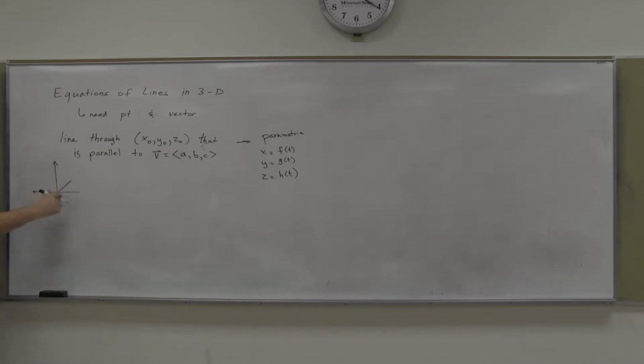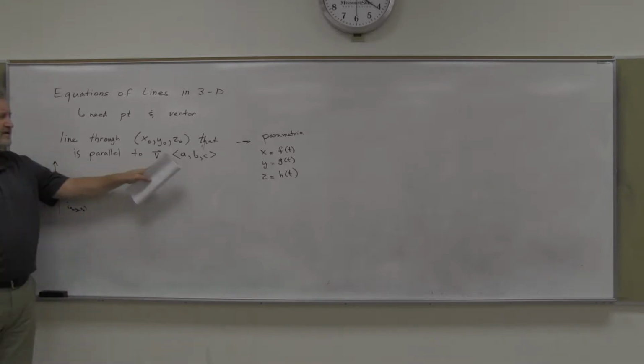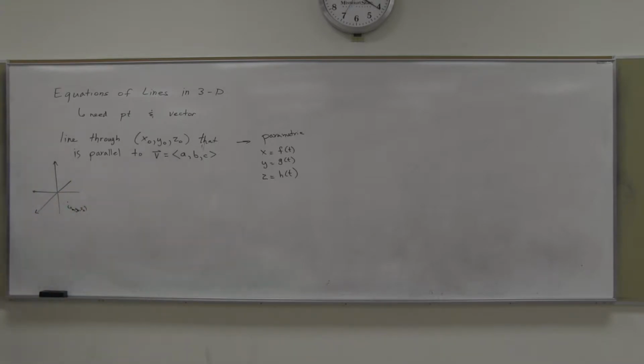That's our x0, y0, z0 point, and the line is parallel to this. Usually we draw those vectors at the origin, so the direction is parallel to that. Let's just say V looks like this. That's vector V.